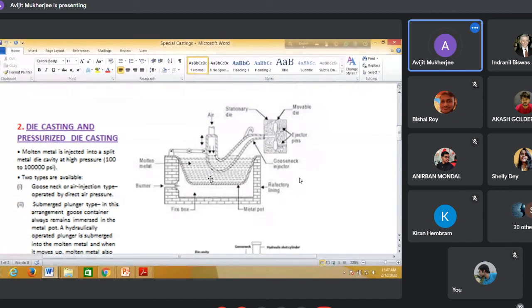As soon as it is filled, by virtue of this mechanism, the gooseneck filled with molten metal advances to the die section. So this is permanently fixed here.